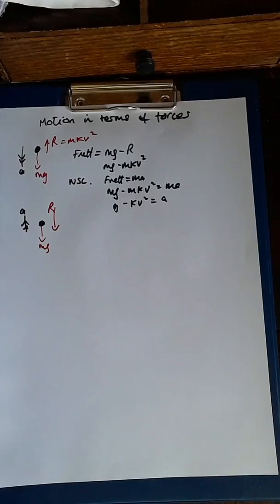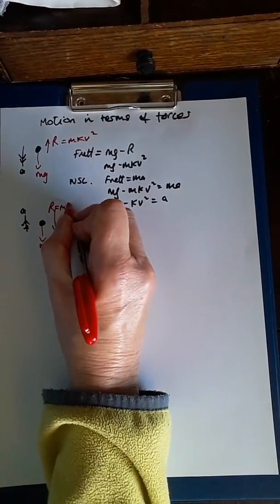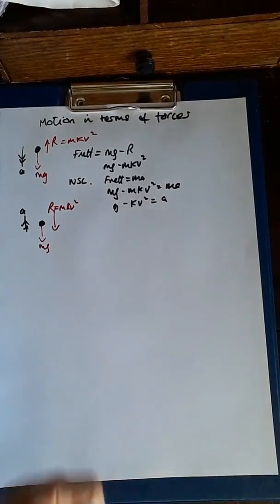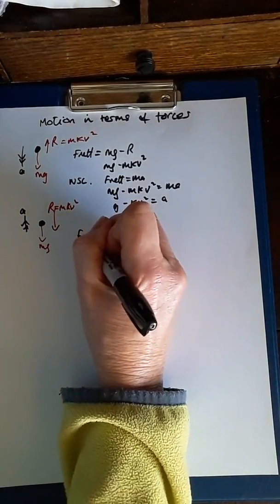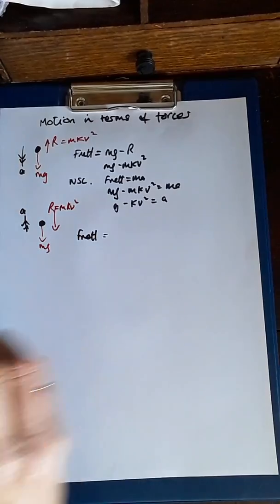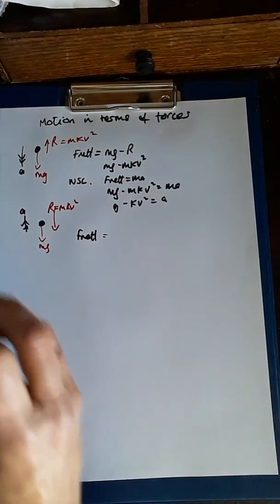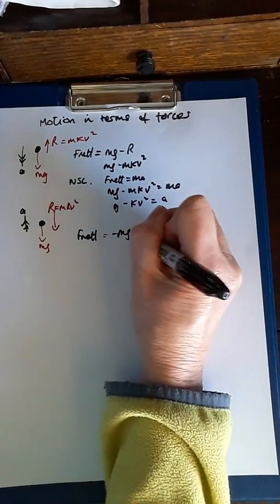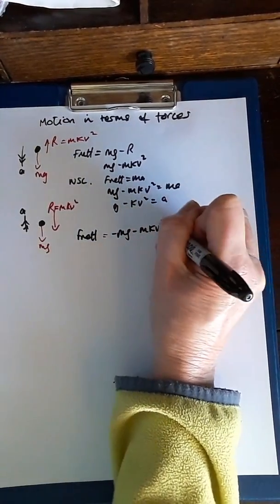And again, if I express this R as mkv squared, let's write a force equation for this. So what are the net forces acting on this particle? It's moving upwards. So no force is taken upwards, but these two are acting against the motion. So it's minus mg minus mkv squared.